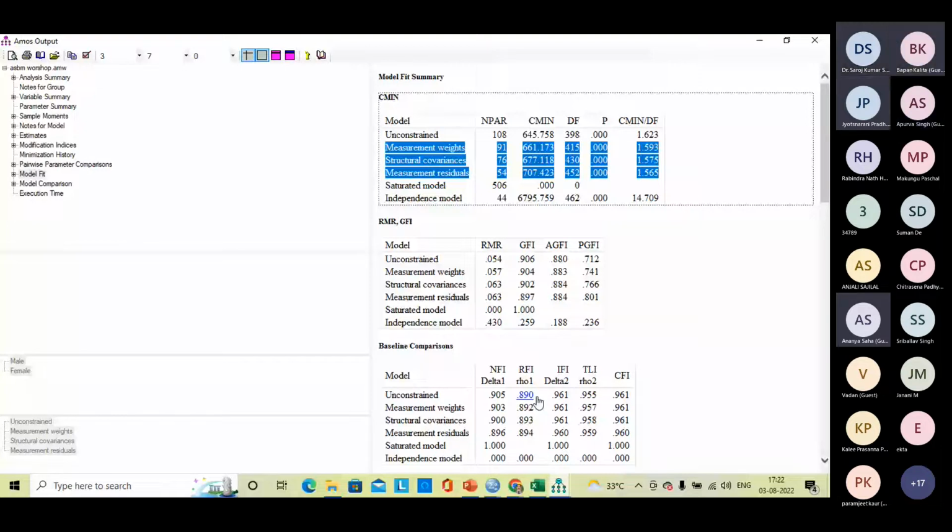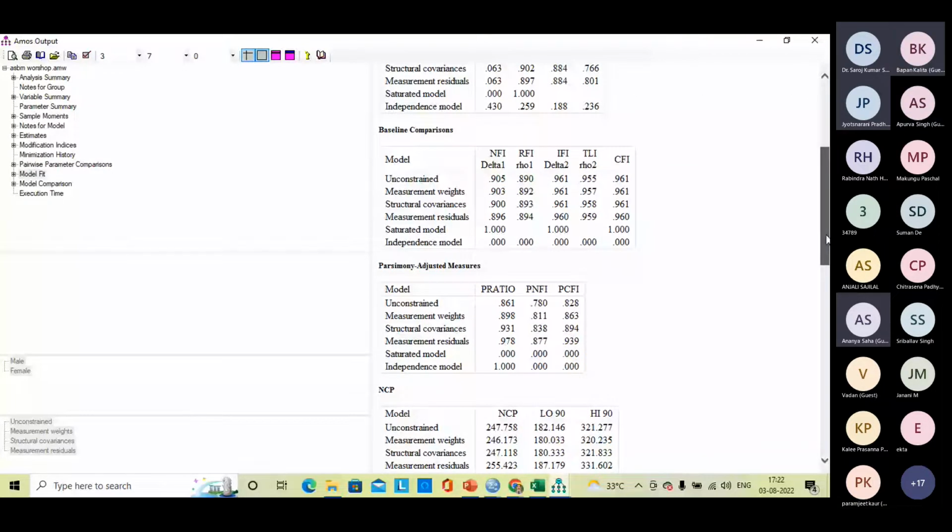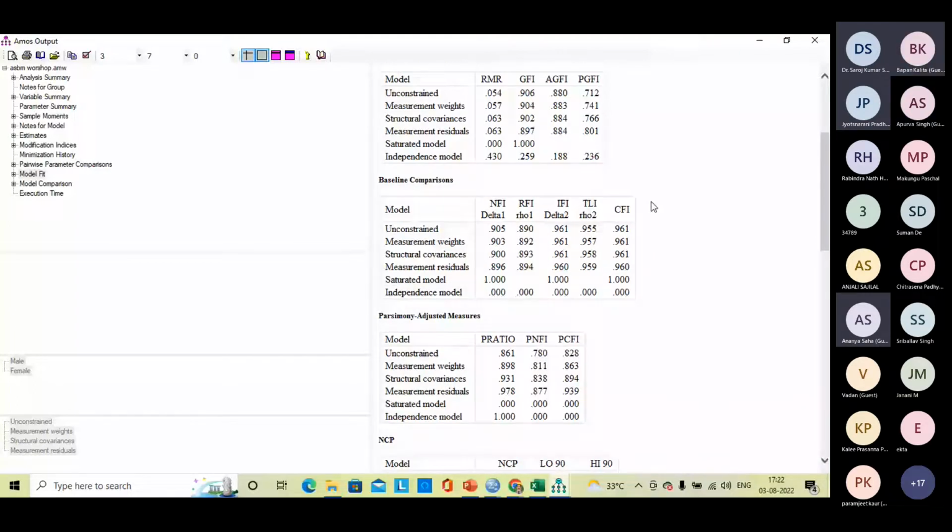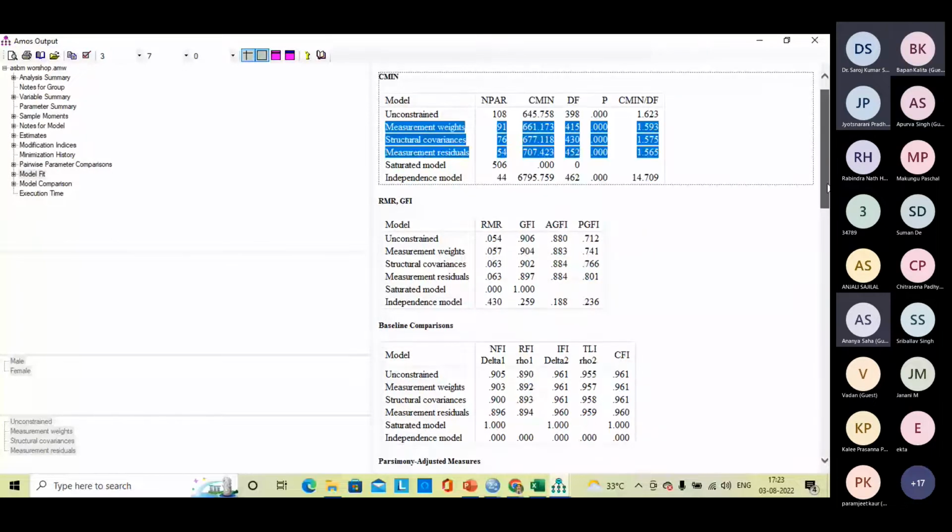Look at here: NFI, RFI, IFI, TLI, and CFI. All these are more than 0.9, even in some cases 0.95, after constraining also. So this is the second phase over.